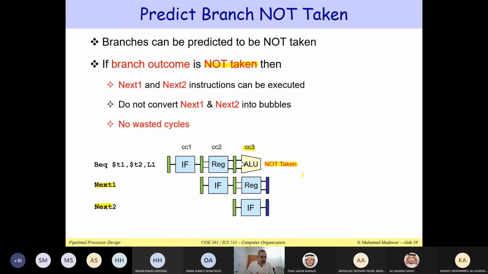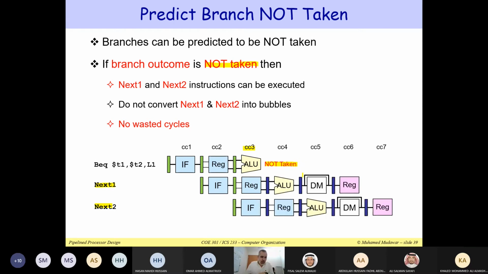At that point in time, we should not convert next one and next 2 into bubbles. We allow them to proceed and we continue normal execution. Therefore we do not really waste any clock cycles because we did not convert them into bubbles. We simply do nothing, just allow the program to continue.